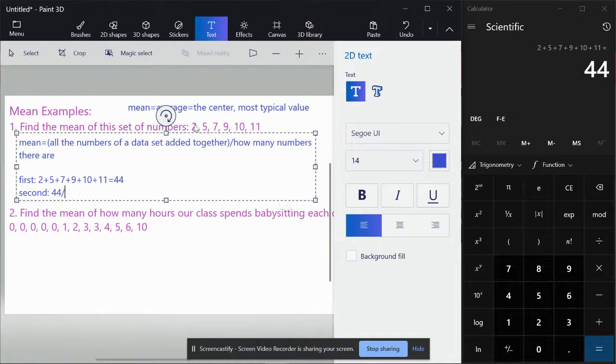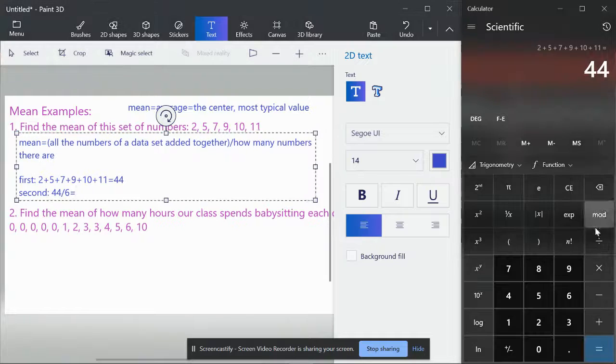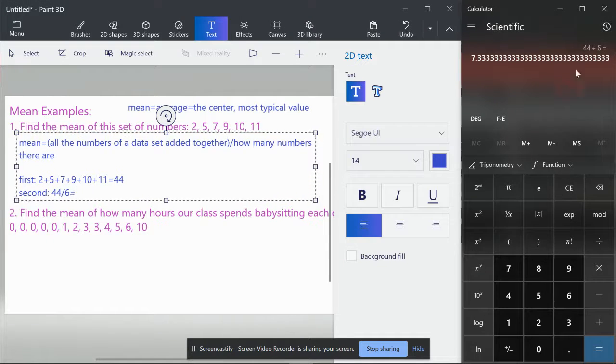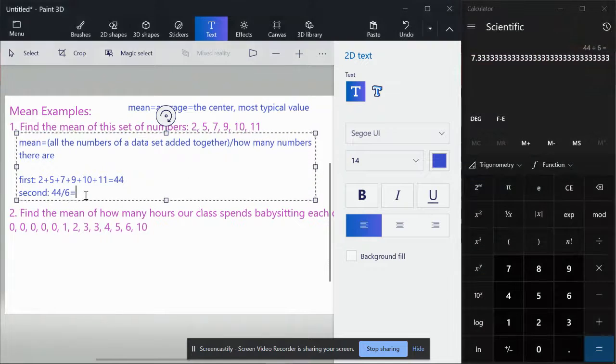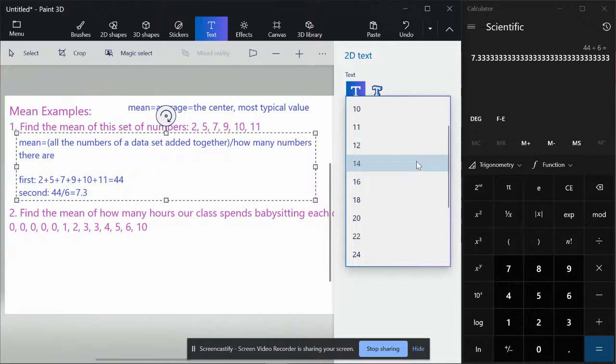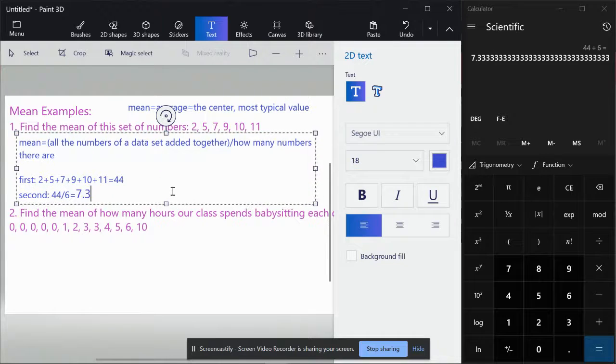So in this case, there are 1, 2, 3, 4, 5, 6 numbers. So we're going to do 44 divided by 6, which is 7.333 forever. So we're just going to round it to 7.3. So that means that the most typical value for this data set is 7.3.